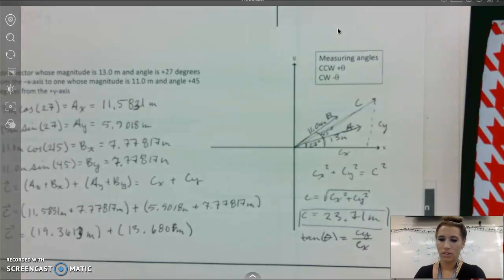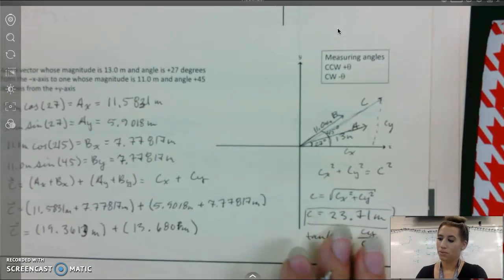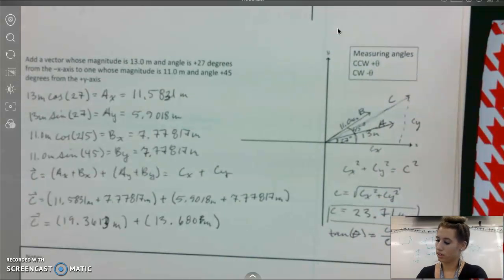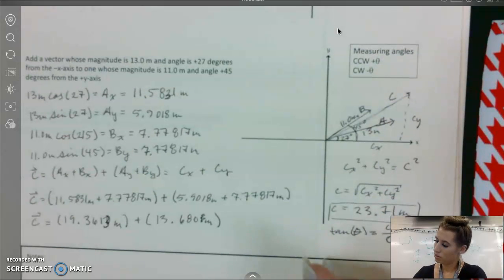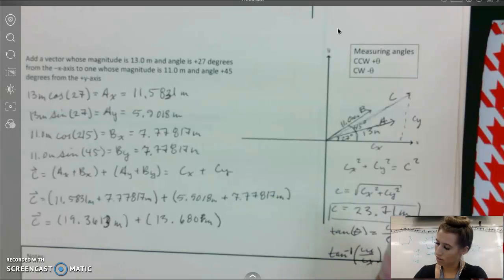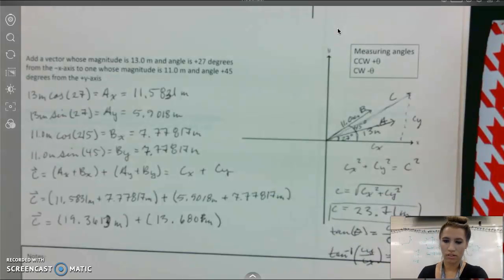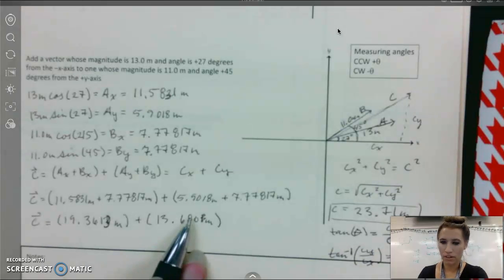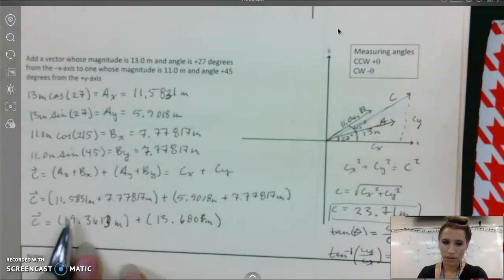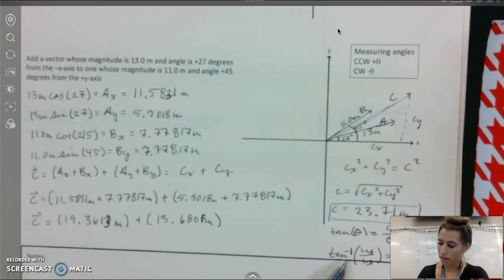Okay. And so then how do we solve for tangent? We need to use that inverse function. Okay? So tan inverse of cy over cx will tell us theta. I'm going to take my cy value, divide it by my cx value, and then do the tan inverse of that.